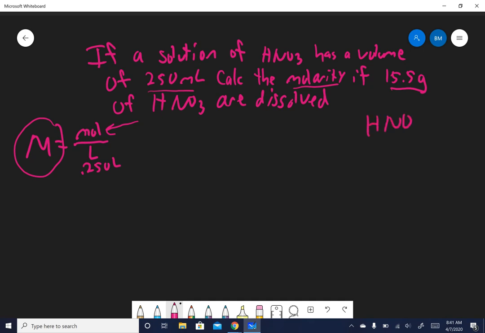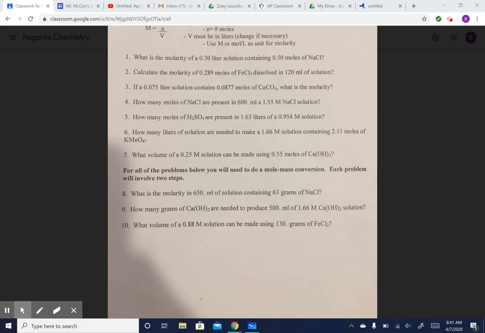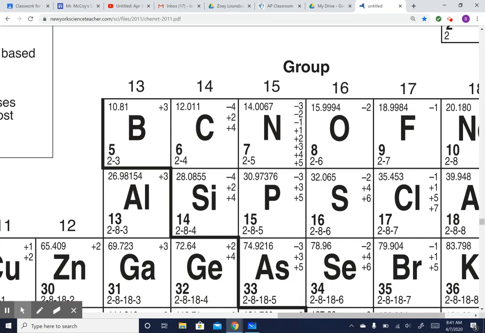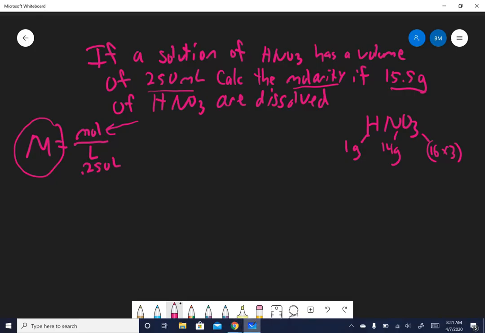So HNO3: H has a mass of 1 gram, N has a mass of 14, O is 16 times 3, right? So if we go to the periodic table here, O is 16, N is 14, H is 1. We know that. Okay, so 16 times 3 is 48 grams. So 48 plus 14 plus 1.